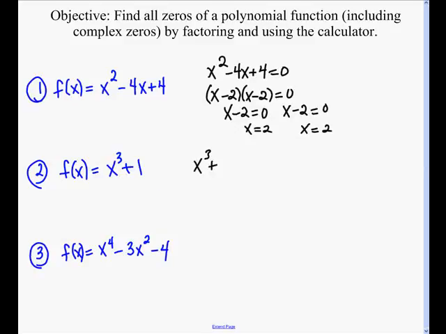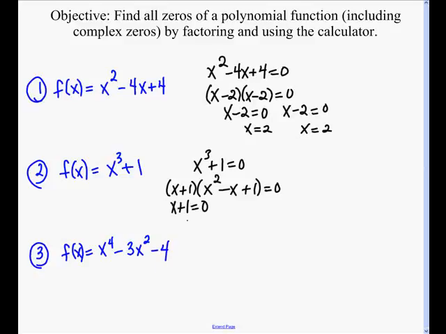What about x cubed plus 1? So if we set that equal to 0 and try to factor this, we would get, okay, bring back way back, the sum of cubes, x cubed plus 1 is really x plus 1 times x squared minus x plus 1 is equal to 0.